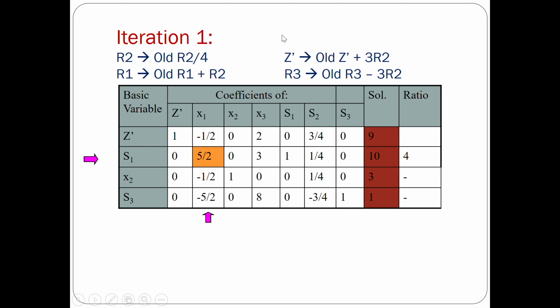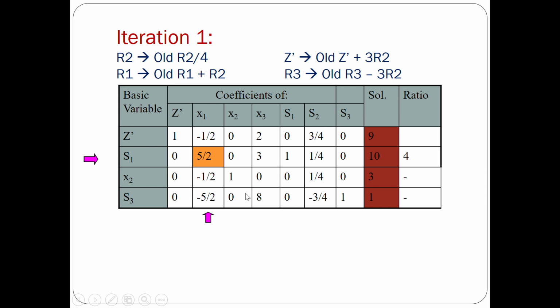So in the iteration 1 table, first we have to convert the key element to 1 just by dividing the entire key row by the key element, which was 4. So it will be converted into 1, and we have to perform the row operation like this to convert all the key column elements into 0 values.